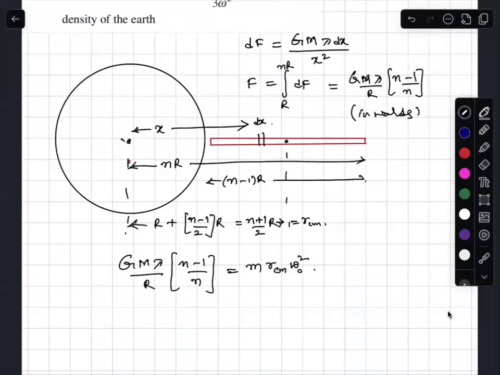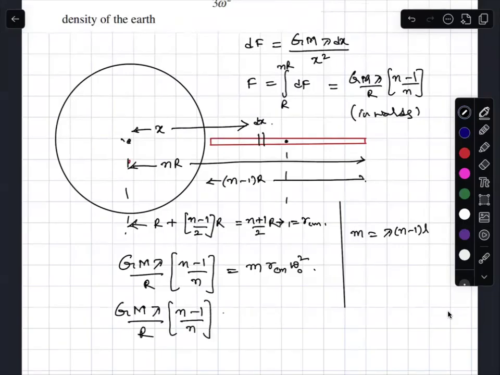And remember, omega naught is nothing but the angular velocity of rotation of the earth. By the way, what is m? How will you get the mass of the rod? Lambda times (n minus 1) L. Therefore, G M lambda by r times (n minus 1) by n is lambda (n minus 1) L times R CM omega square.